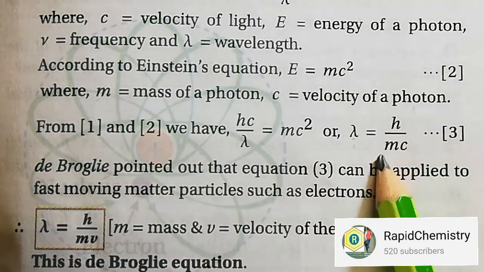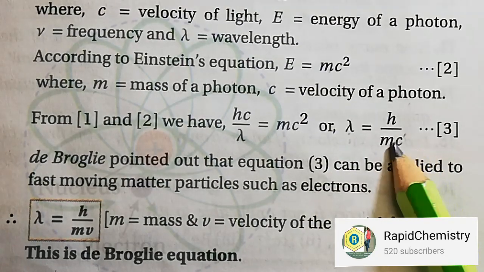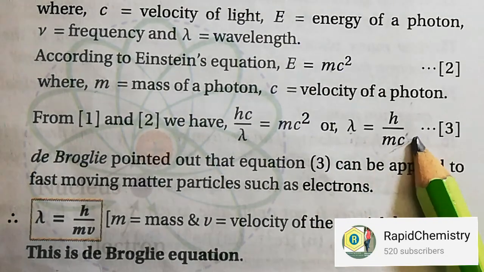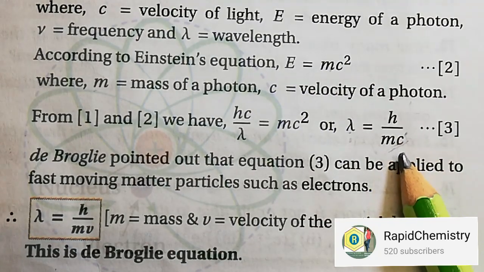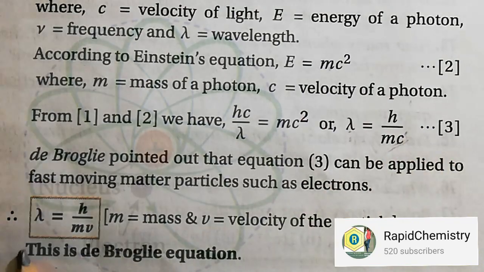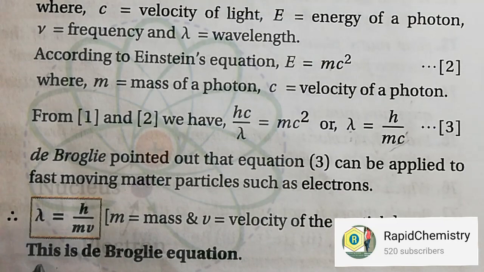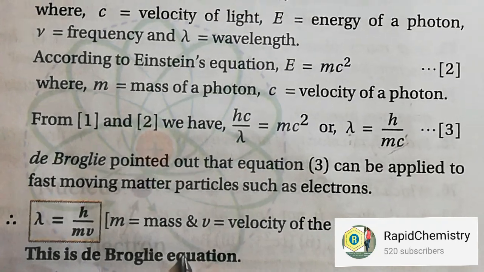Here lambda is the wavelength, h is Planck's constant, m is the mass of the particle, and c is the speed of that particle, having wave characteristics. So that's why we can write the equation lambda equals h by mv, and this is the de Broglie equation.